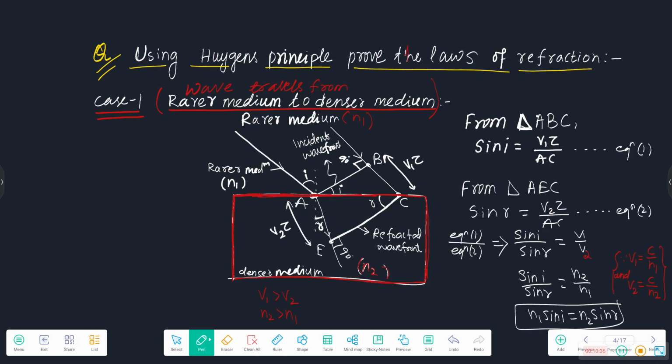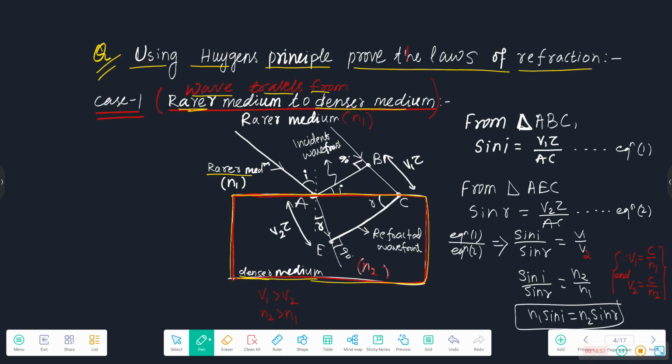So here, when the wave travels from a rarer medium to a denser medium, this is your rarer medium and this is your denser medium down here. In a box it is given, this box is the denser medium.